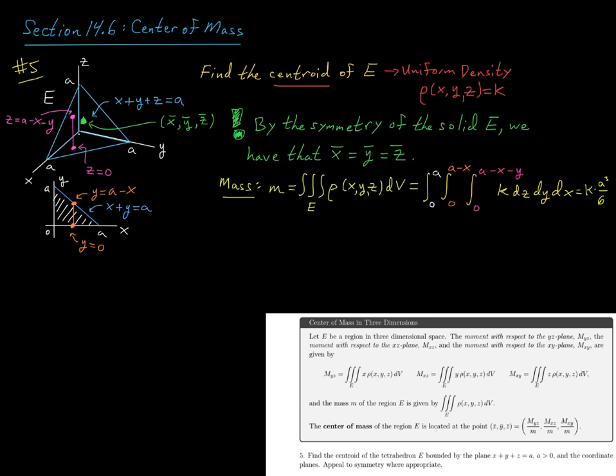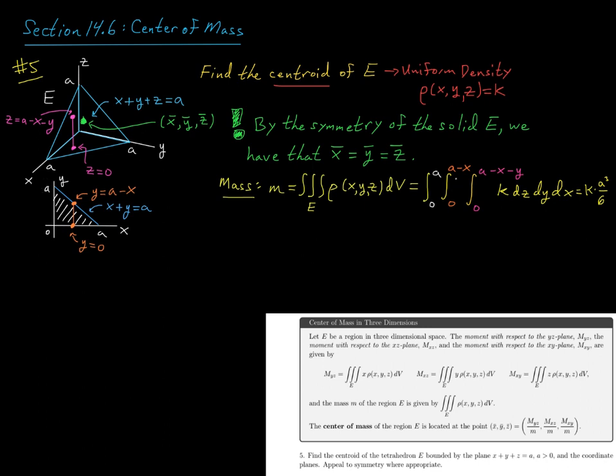And now as far as the region in which x and y can vary, if I project this solid onto the xy plane, I'm going to be covering this triangular region down in the xy plane. And the equation of this blue line you see is just x plus y equals a. So just set z equal to 0 in the plane equation. And I'll go ahead and fill this region out with vertical strips. So y would vary next, and it'll vary from 0 on the x-axis up to the height on the blue line, which would be a minus x.